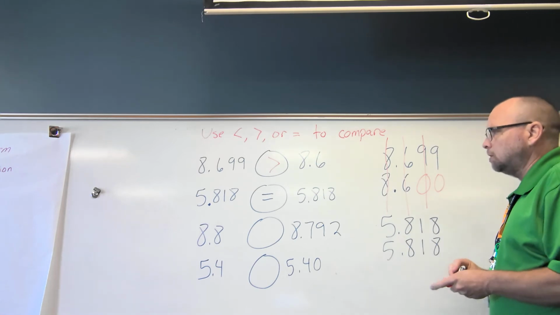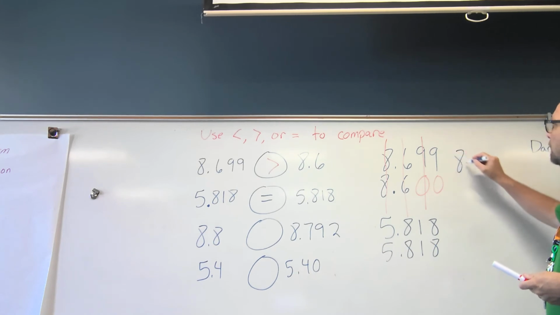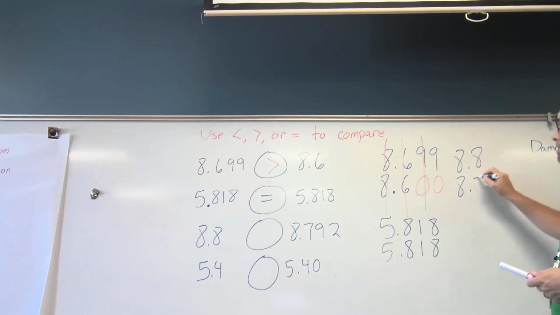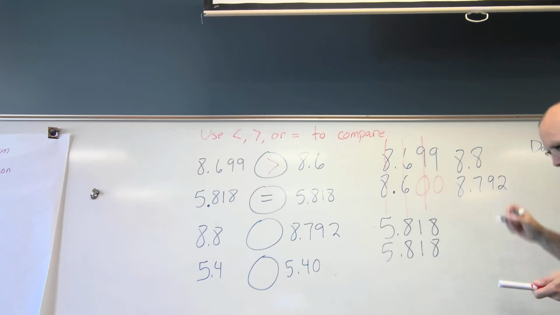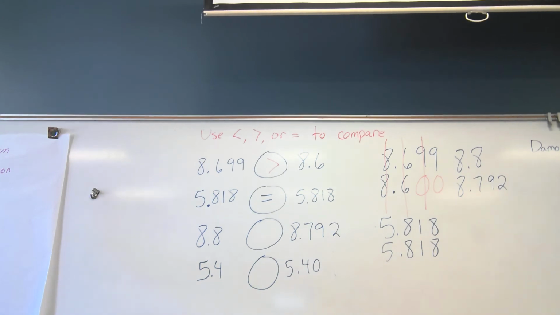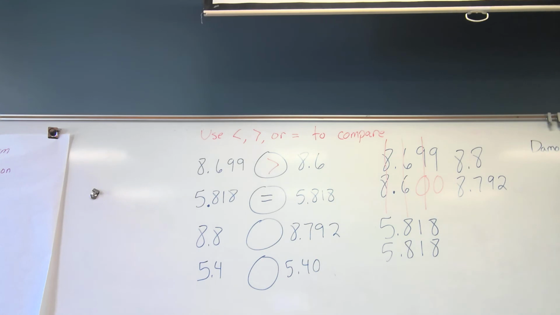So now we look at our next problem. We have 8 and 8/10, 8 and 792 thousandths. Again, we've lined up our ones place over our ones place, our decimal point over our decimal point, our tenths over our tenths, our hundredths over our hundredths, and our thousandths over our thousandths.